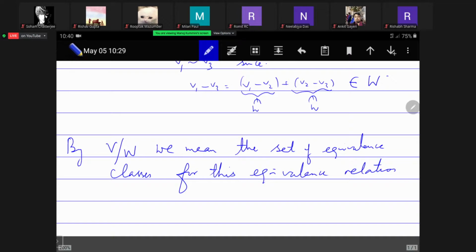What we want to prove now is that V mod W is a vector space, and that the natural map from V to V mod W, which sends a vector V to the equivalence class containing it, is a linear transformation.